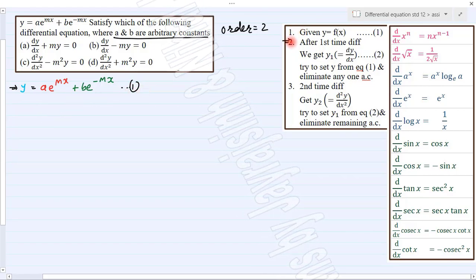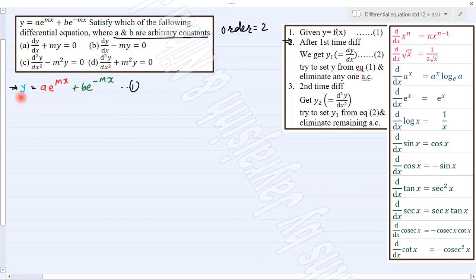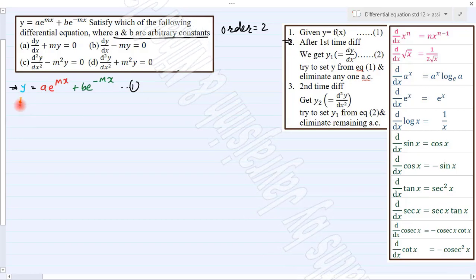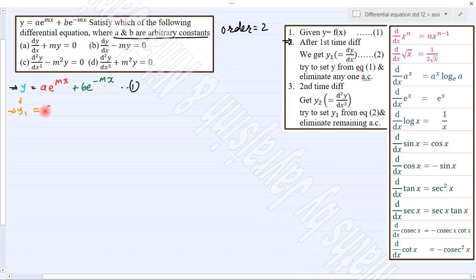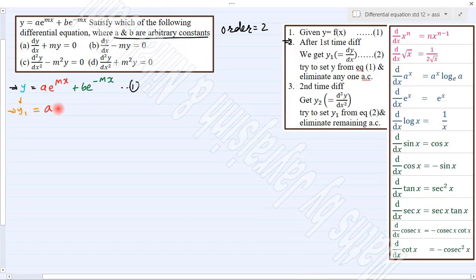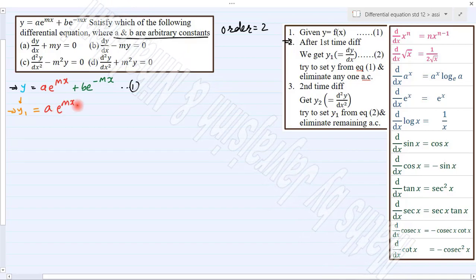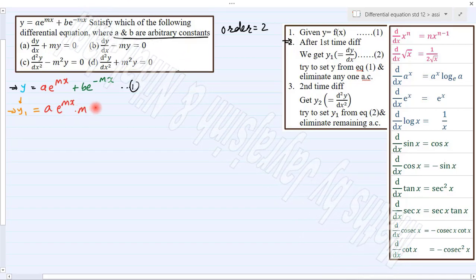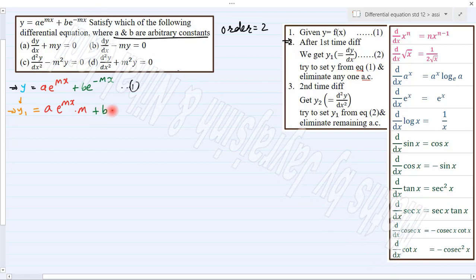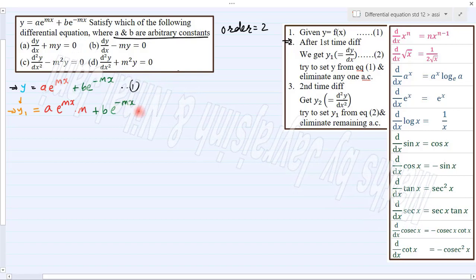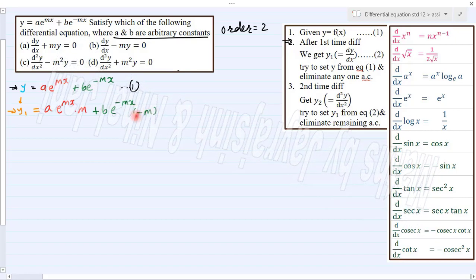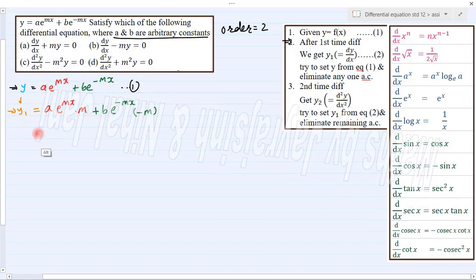And we are ready to move to the second step, in which we differentiate our equation with respect to x. So we will get y1 is equal to a as it is, differentiation of e raised to mx will be e raised to mx into m, plus b as it is, differentiation of e raised to minus mx will be e raised to minus mx into the coefficient of x, which is minus m.